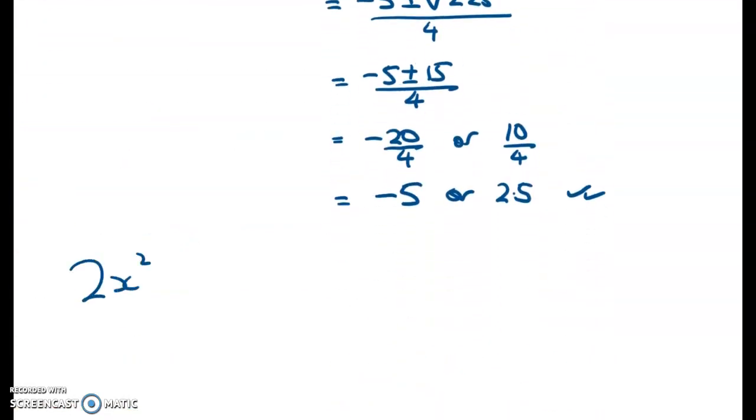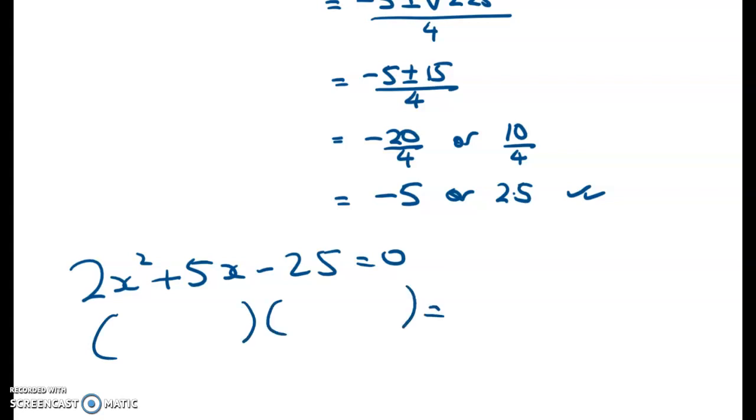So we have 2x squared plus 5x minus 25 equals 0. I wouldn't even bother to do grouping on this. I would just look at it and see. I've got 2x here, and I'm looking for two numbers that times to give me 25, but have a gap of 5.